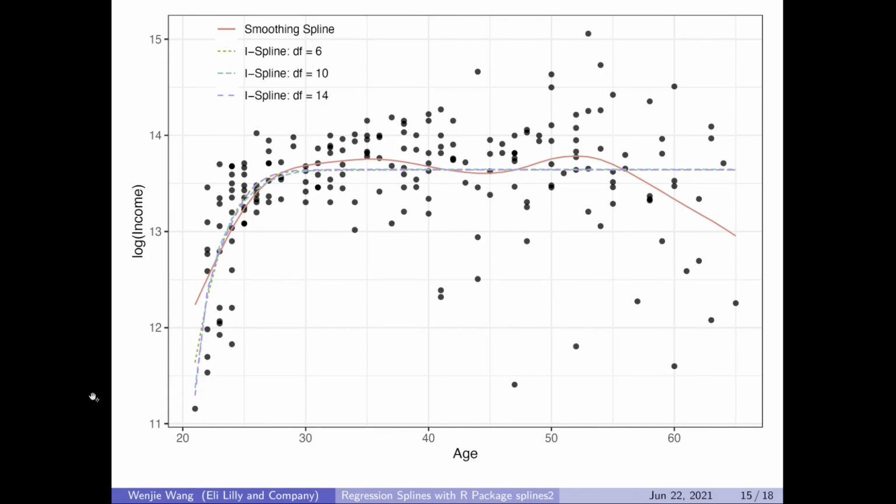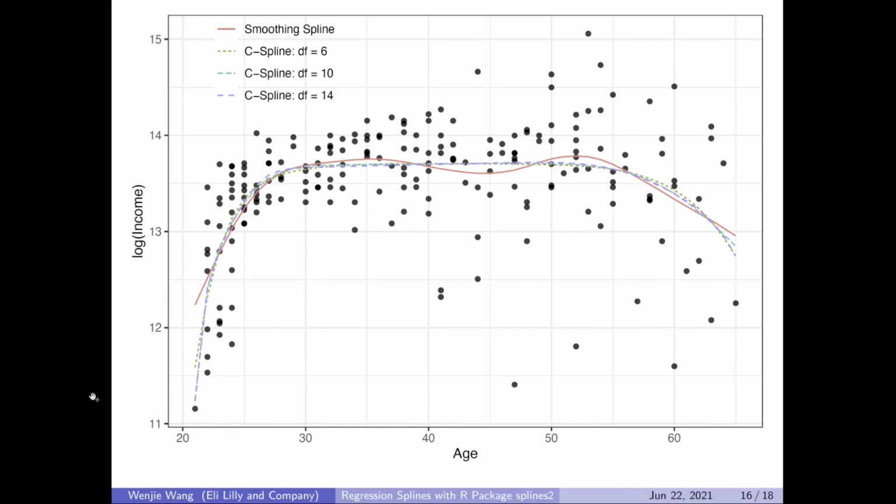This figure visualizes the fitted non-decreasing curve by using I-splines with different degrees of freedom. We also included a smoothing spline for comparison. We may find that the fitted curves by I-spline are all non-decreasing and close to each other. For the smoothing spline, the tuning parameter was selected by the GCV criterion.